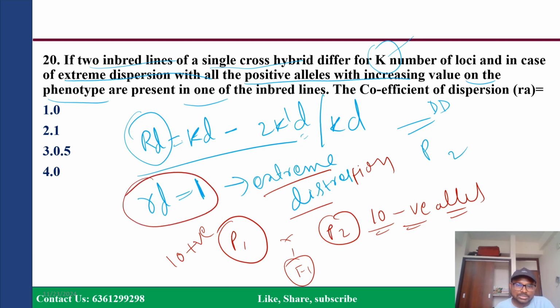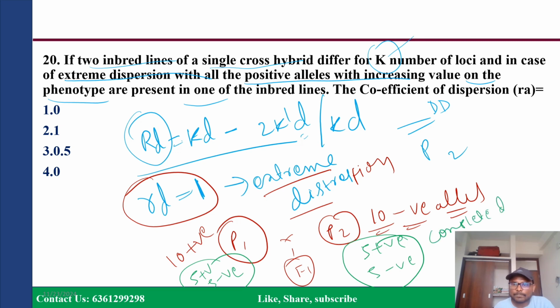In another case, you have 5 positive alleles and 5 negative alleles in one parent, and 5 positive alleles and 5 negative alleles in the other parent. This is called complete dispersion.